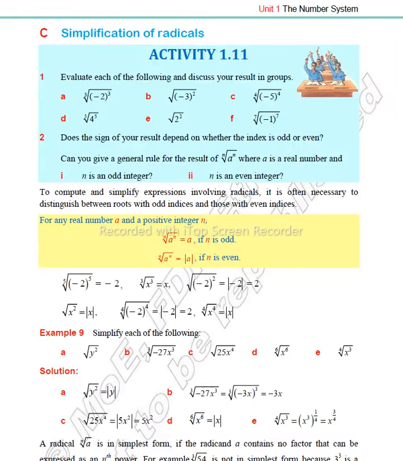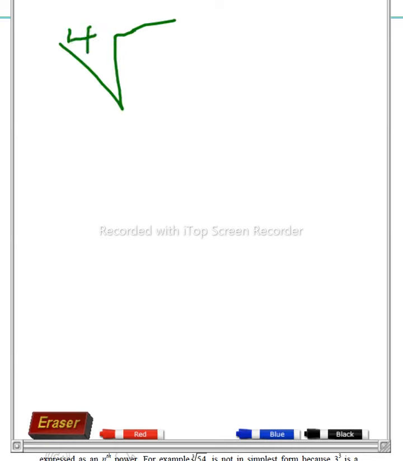And again we see another example. Here we have the fourth root of negative 5 to the power of 4. Let's see this also. As we said previously, we rewrite this question without the radical: minus 5 to the power of 4.